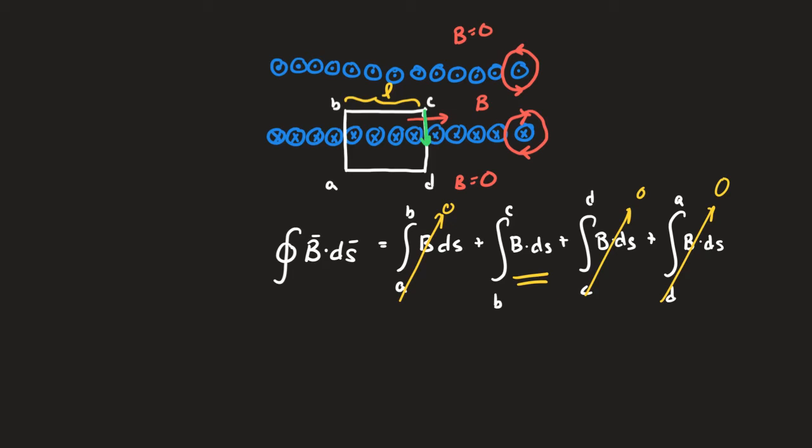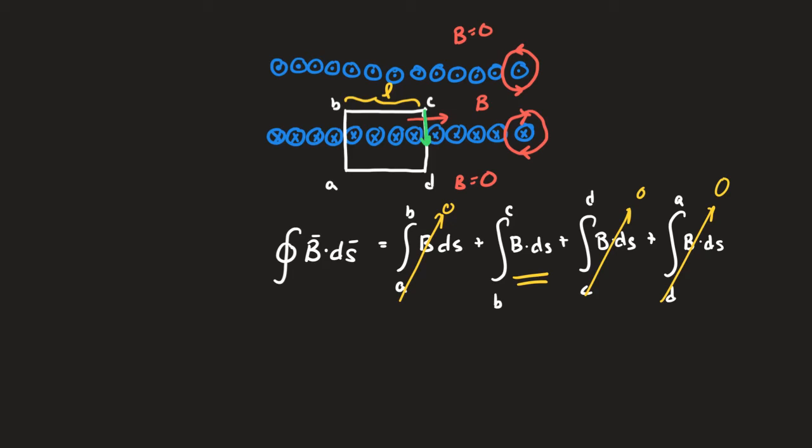So here we go. I want to remind you about why it is that parts of this are zero and why parts contribute. A to B and C to D are zero for the same reason, that when we calculate B dot ds, we are calculating a dot product. And a dot product means that the only part of the magnetic field that contributes to this calculation is the magnetic field that's in the direction of our shape, our loop.